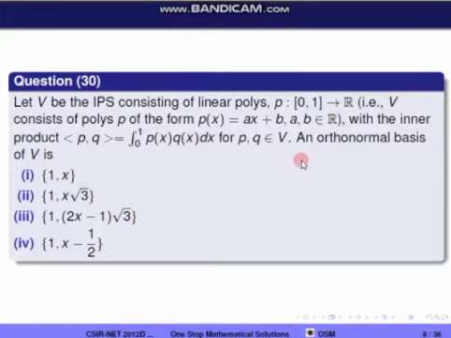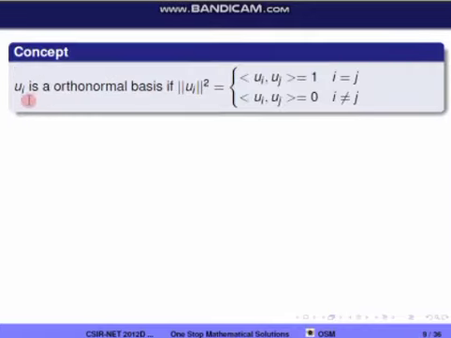So we look into the concepts used. u_i is an orthonormal basis of a vector space if norm of u_i squared, which is the inner product of u_i with u_j, is equal to 1 for i equal to j, and the inner product of u_i and u_j is equal to 0 for i not equal to j. So we'll move on to the question.